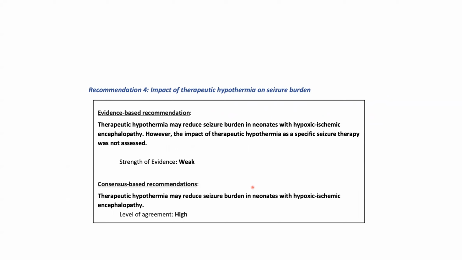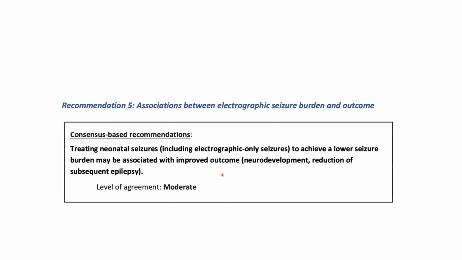There are studies which have proven that therapeutic hypothermia may be useful in improving the neurodevelopmental outcomes of children with HIE, but there are not enough studies to say that therapeutic hypothermia is an anti-seizure therapy which is recommended, right? So though it may reduce seizure burden, it is an added advantage, but this is not a proven modality of therapy for neonatal seizures.